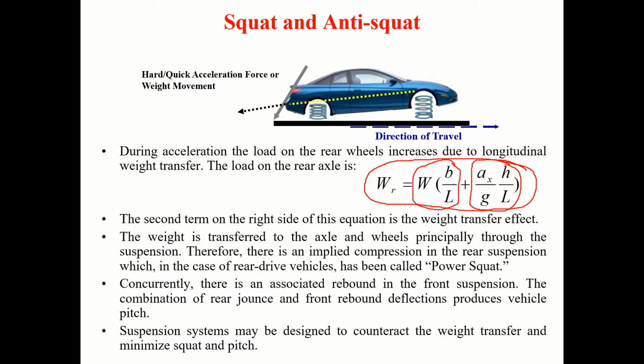Therefore, there is an implied compression in the rear suspension, which in the case of rear drive vehicles has been called power squat. Concurrently, there is an associated rebound in the front suspension. The combination of rear jounce, that is compression, and front rebound, that is expansion, deflections produce vehicle pitch. So the suspension system may be designed to counteract the weight transfer and minimize squat pitch.